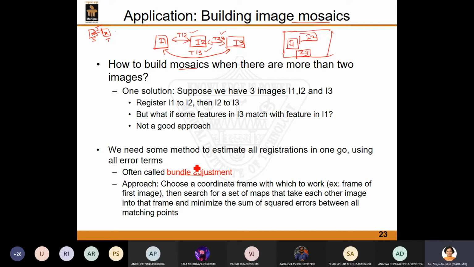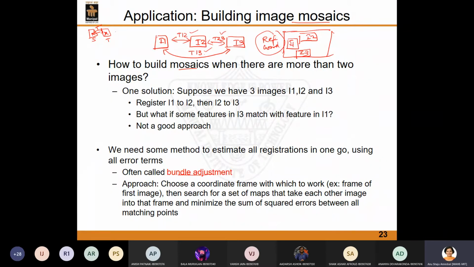So what we do here is we first find the reference coordinate that we are assuming, and then we find the transformations T12, T23 and T13 with respect to this reference coordinate that we have assumed.